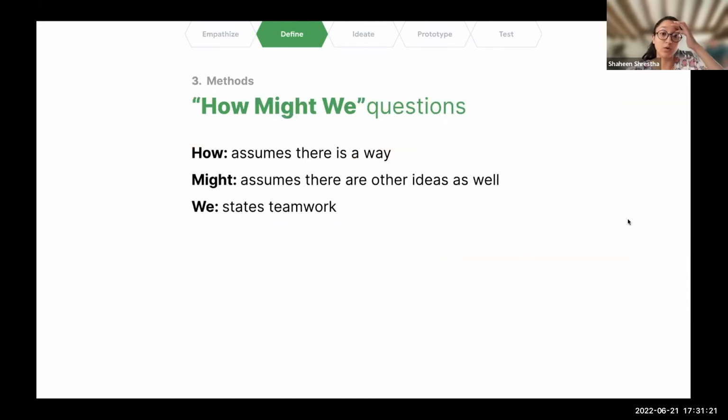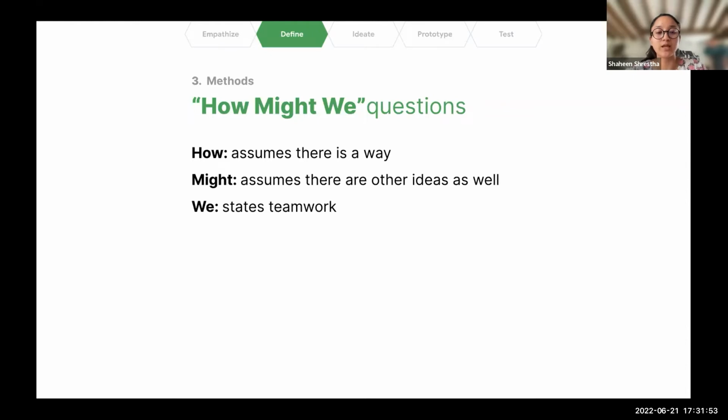And then how might we questions. In how might we, we always assume that there is a way out of any problem. And might means we assume that there are other ideas as well, other solutions as well. And we is teamwork. We hardly ever work in isolation. We often have a team that plans and completes a project.